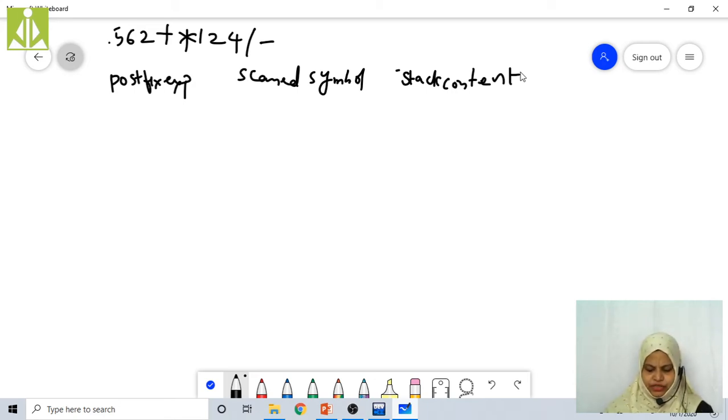Here in this case, how you are going to evaluate this one? First you have to read the expression from left to right.